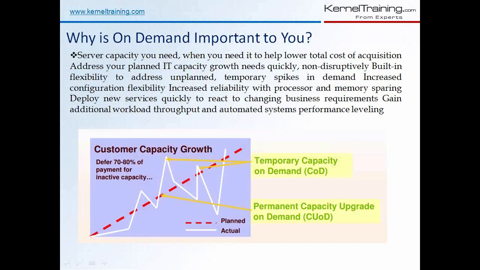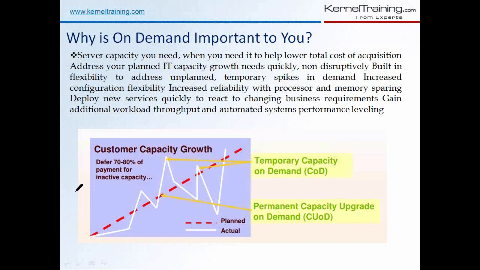So, what is the benefit of on demand? Capacity on demand means the spare CPUs, physical CPUs, as per the demand, you can activate at any time. So, permanent capacity on demand and temporary capacity on demand, there are two parts.